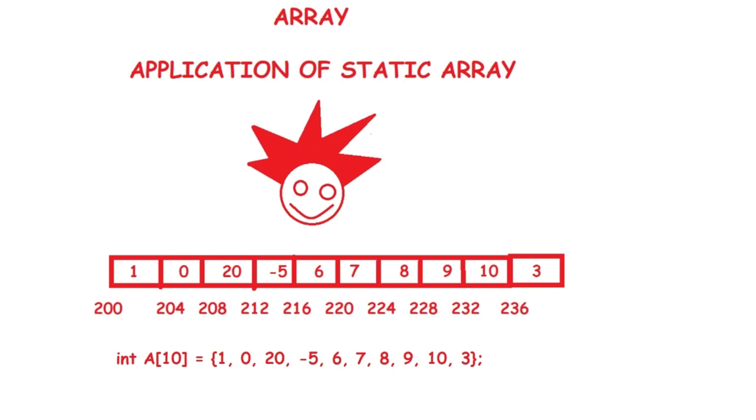So each of these integers takes up 4 bytes of memory. Therefore, the whole array of 10 integers is gonna take 4 times 10, which is 40 bytes of memory.